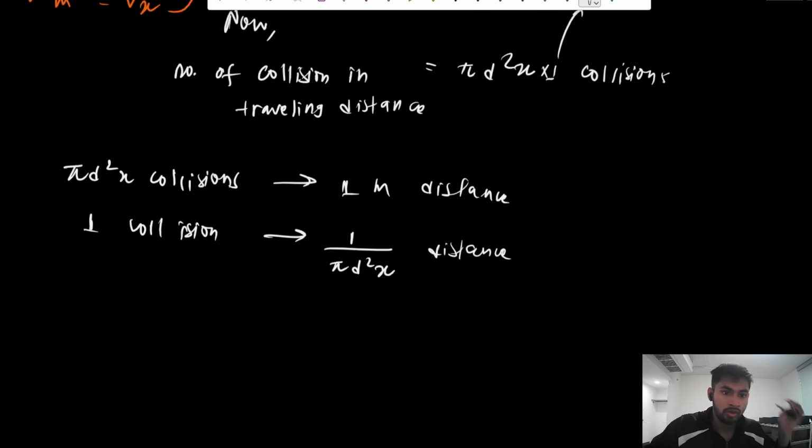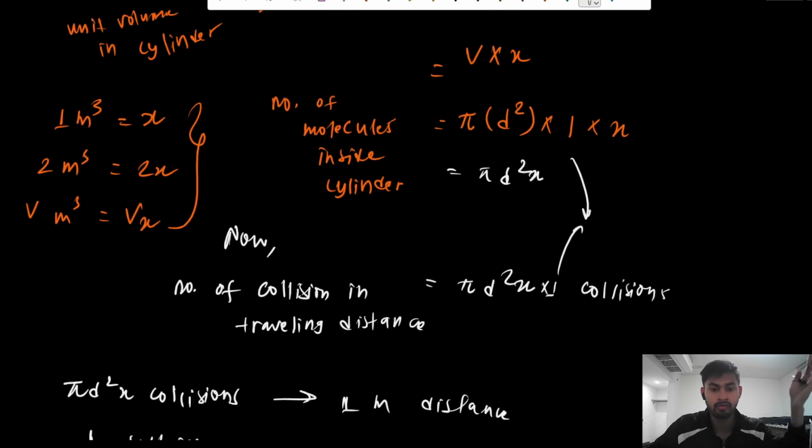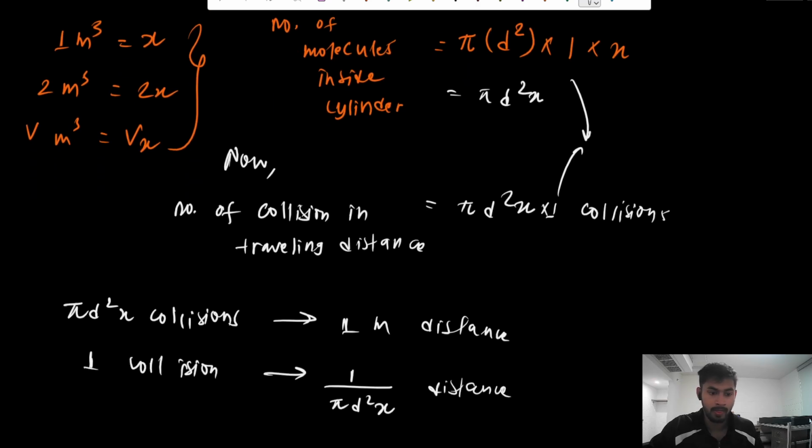Because we know that the number of collisions in the traveling distance of 1 meter, if we assume that every molecule inside the cylinder is colliding, is the distance traveled times the number of molecules present in the cylinder, which is pi d squared x, and the distance is again times 1.